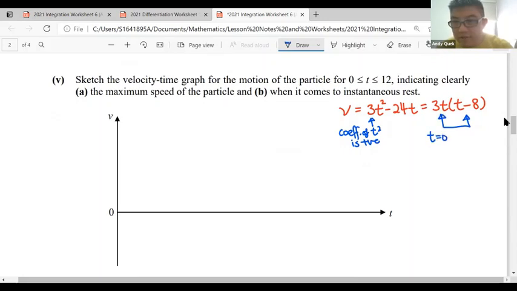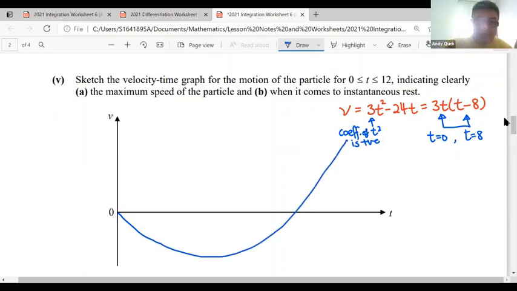Those are your horizontal intercepts. But there's nothing happening for negative t. So in the end, the graph will look like this. And the question tells us to stop at t equals to 12. This should be t equals to 8.